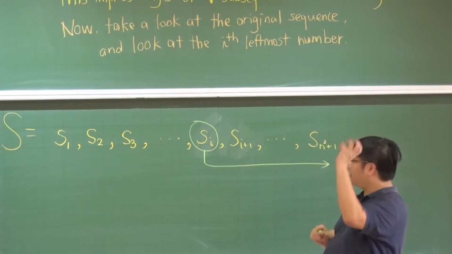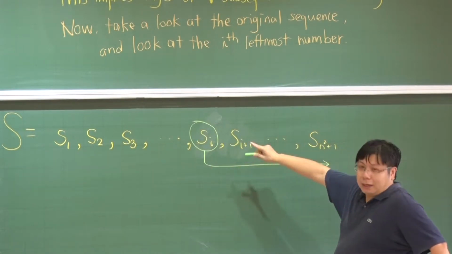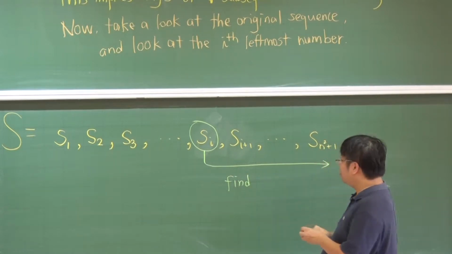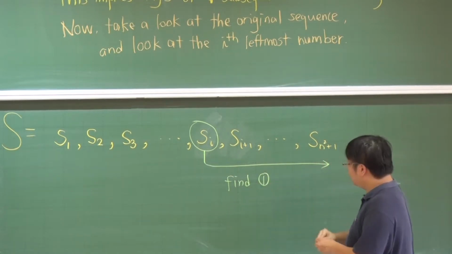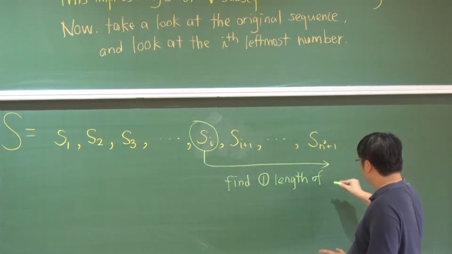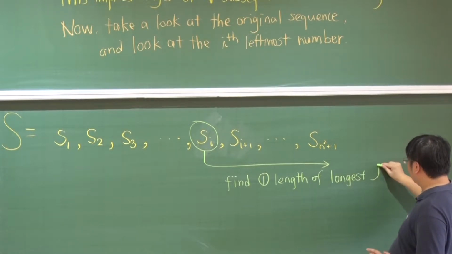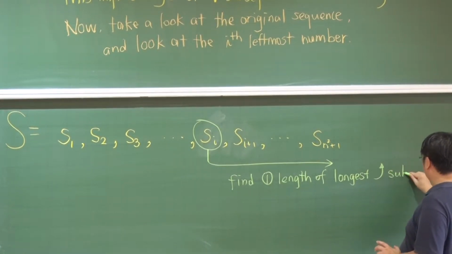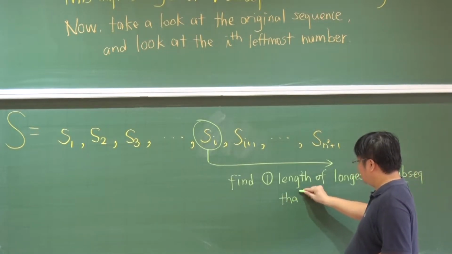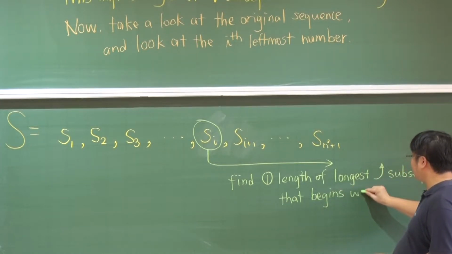For each number, I'm going to use that example soon, but we are going to find two things. First of all, find the length of the longest increasing subsequence that begins with this number.